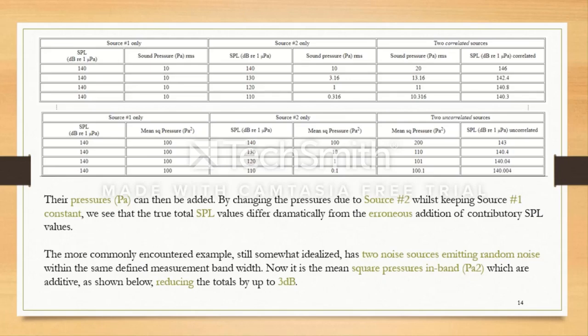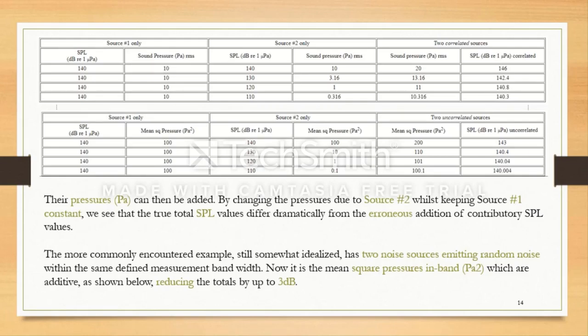And if you see, the difference between the two boxes is in the end columns for SPL. For the first box we have 146, but for the second box we have 143, and 3 decibel is the difference between these two boxes.